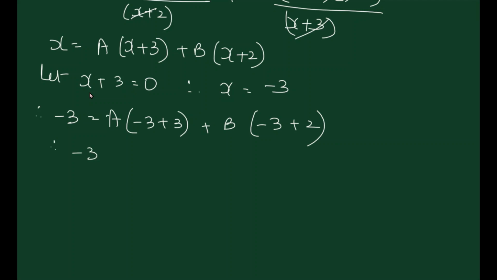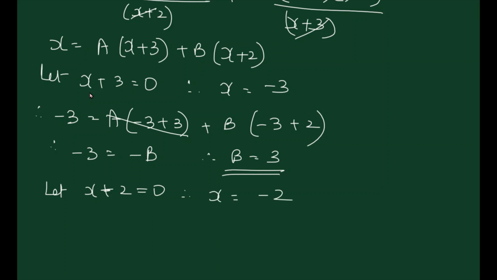Therefore the term goes away, so we get minus 3 is equal to minus 1b. Therefore b is equal to 3. Similarly, for the other bracket, let x plus 2 is equal to 0, and therefore x is equal to minus 2.